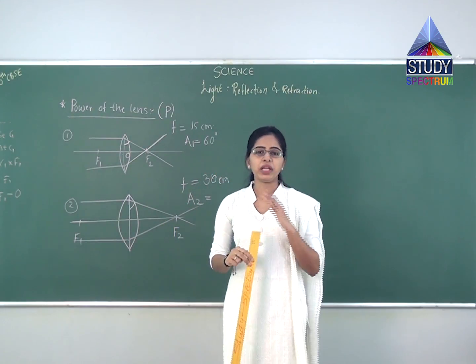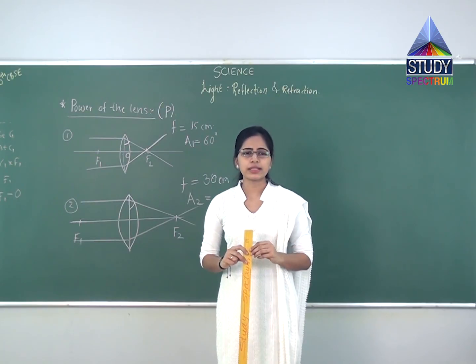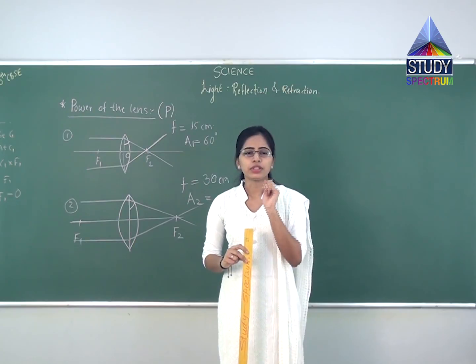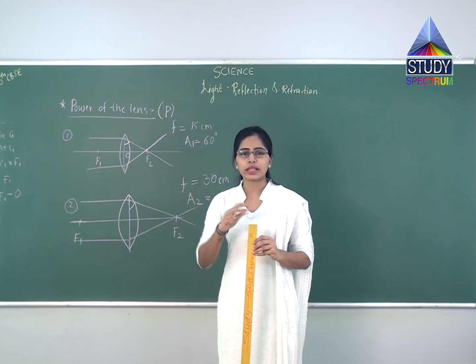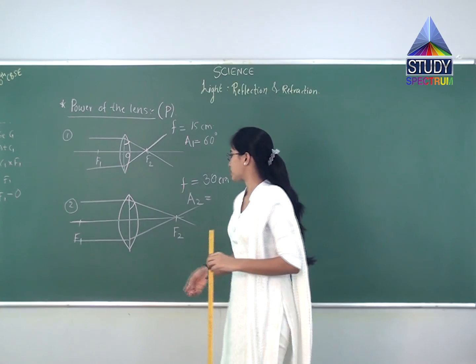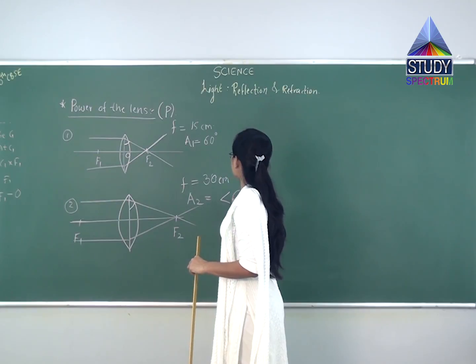Now you will measure the angle and you will find that, for this convex lens, if the focal length is shorter, light bends through larger angles, means this angle will be less than 60 degree.